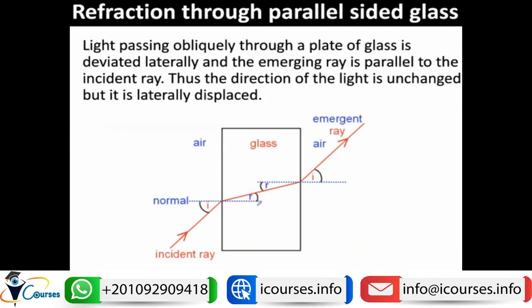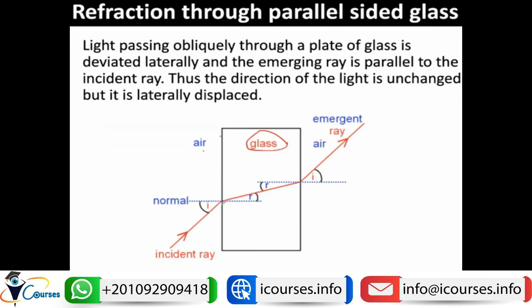If we have refraction through a parallel plate of glass like this, with one surface and another parallel surface, what will be the behavior of light passing through this parallel plate of glass? This is the incident light ray passing from the air to the glass, so it will pass from the less dense to more dense.